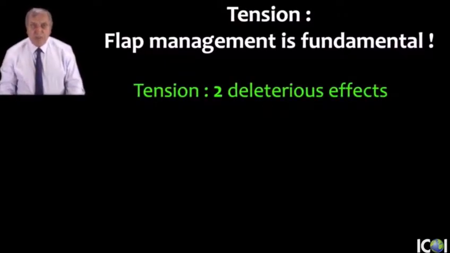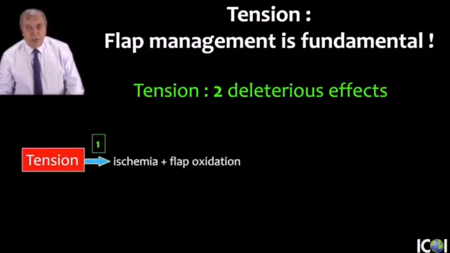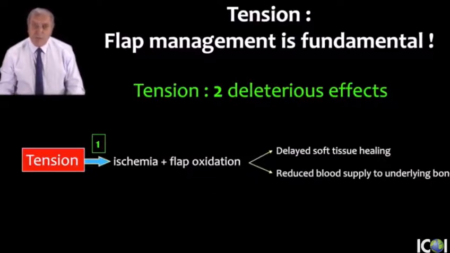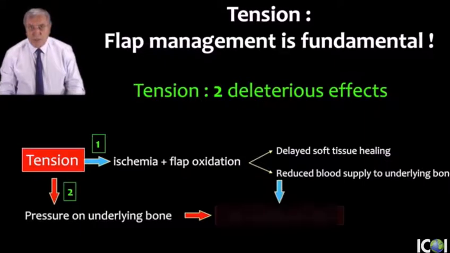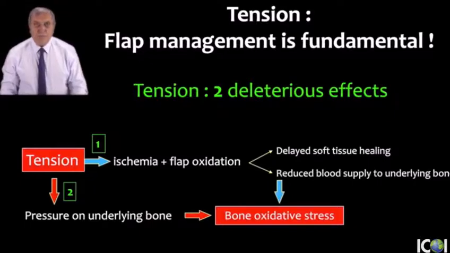The first is that we induce ischemia and we delay the soft tissue healing. But at the same time, we reduce the blood supply to the underlying bone. The tension induces also pressure on this bone, and this is how tension will induce bone oxidative stress.